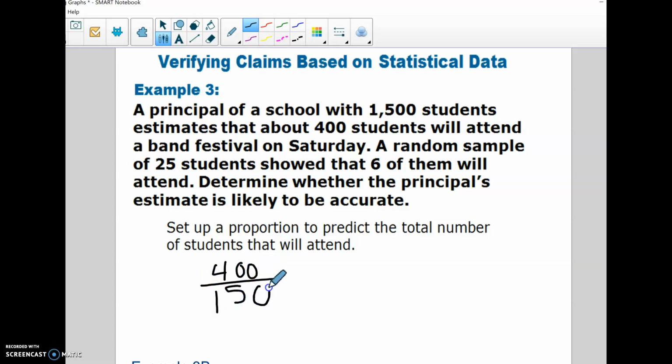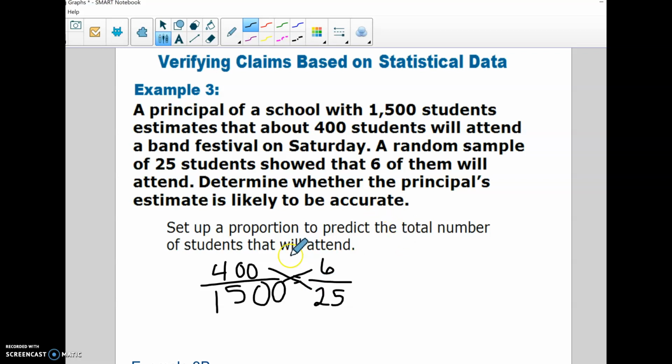And then on the other side of the proportion, we'll put what actually happened from the survey. So in the survey, 6 out of the 25 said they would attend. Now what we're going to do is check cross products and see if these answers are relatively close. They don't need to be exact because this is an estimate.